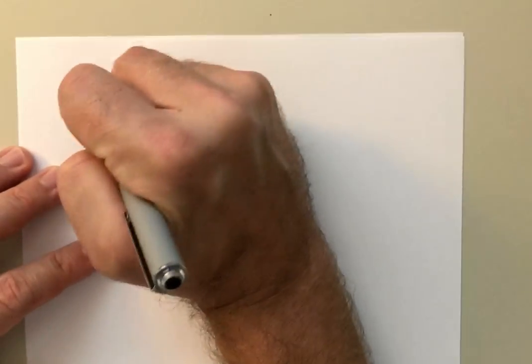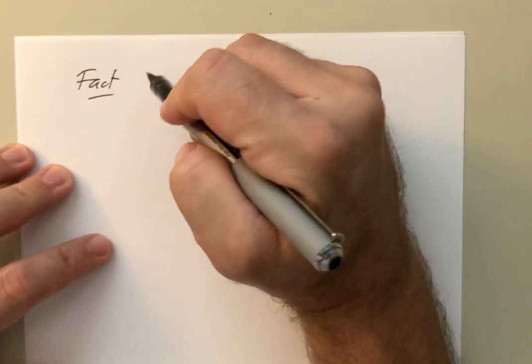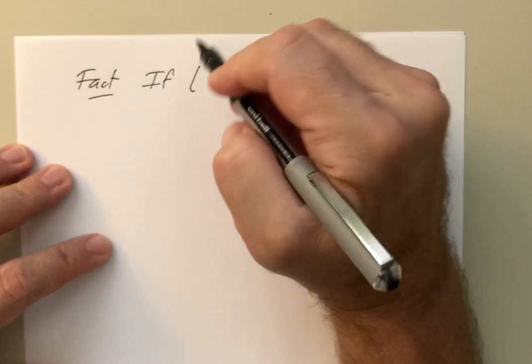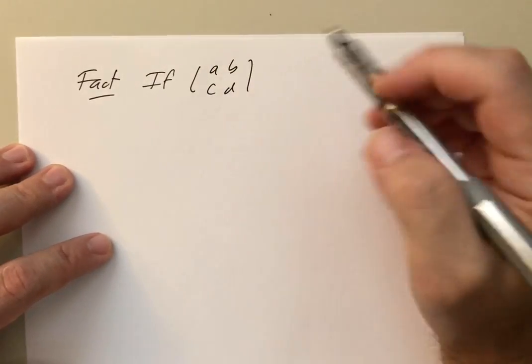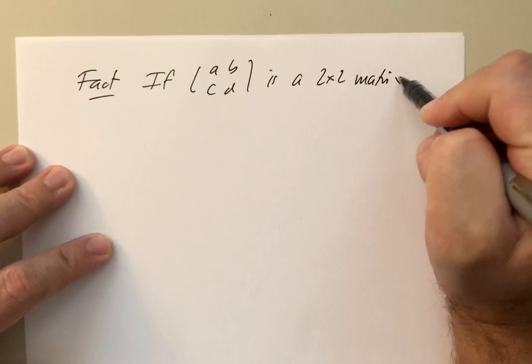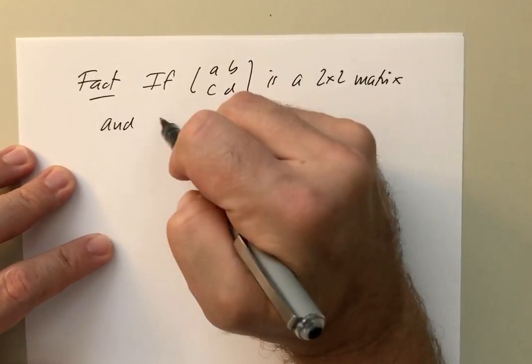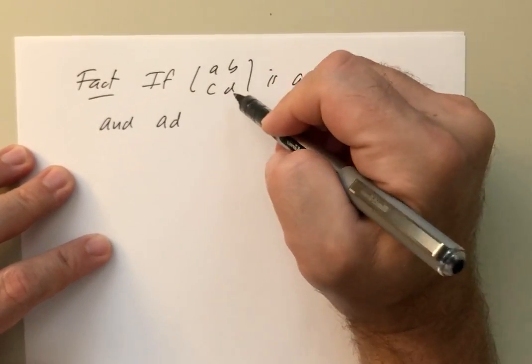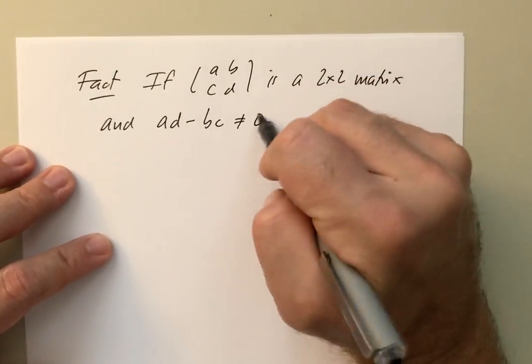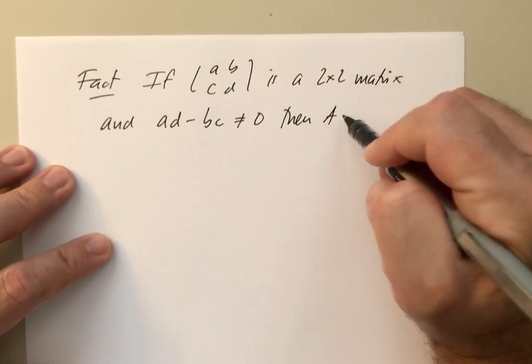So here's an important fact. If A is a 2 by 2 matrix, and we know that if I take A times D, so those are the diagonals, minus B times C, which are the off diagonals, if this is non-zero, then A is invertible.